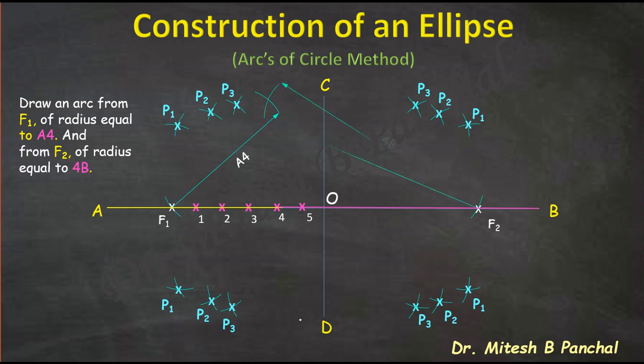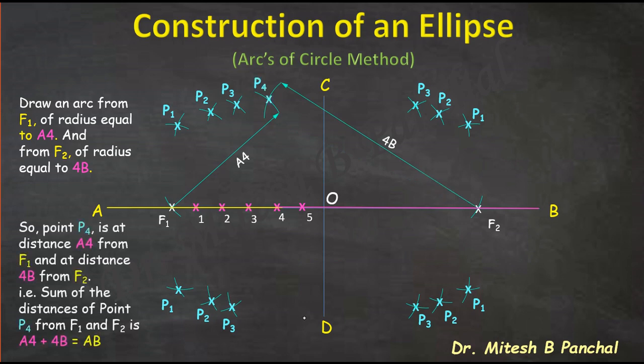The intersection point P4 is at a distance A4 from F1 and at a distance 4b from F2. So the sum of the distances of point P4 from F1 and F2 is A4 plus 4b, which is equal to AB.